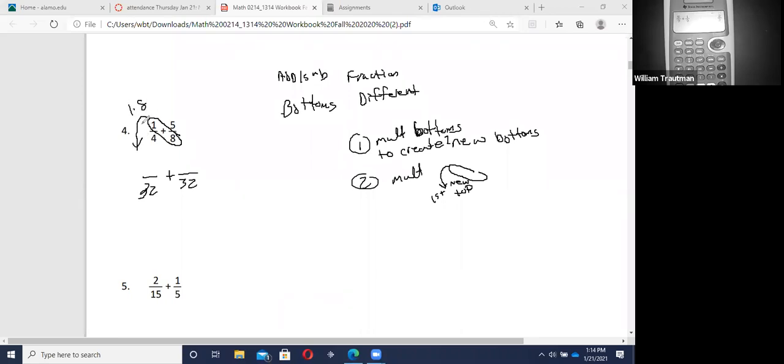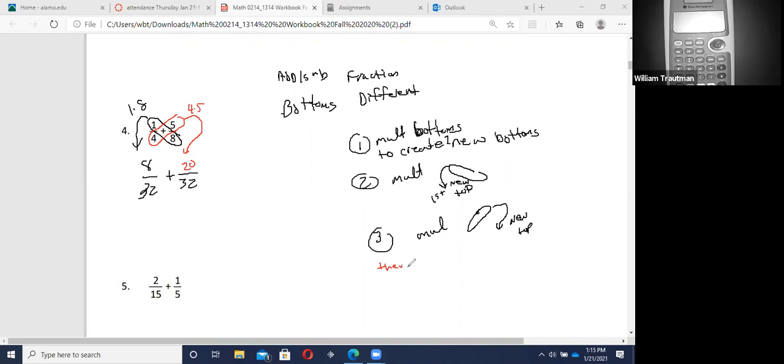So 1 times 8 is 8. And step 3, multiply the bottom of the first with the top of the second, and we're going to create a new top. I'm going to multiply these two. 4 times 5 is 20.